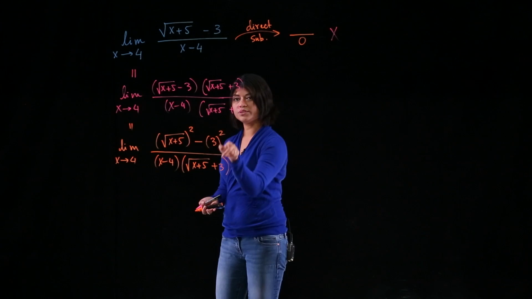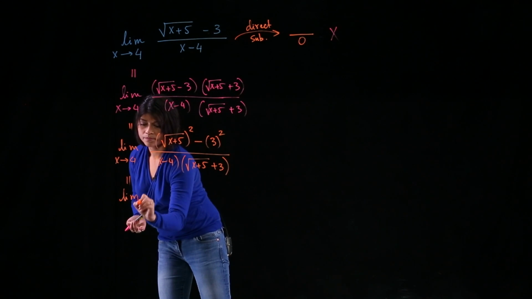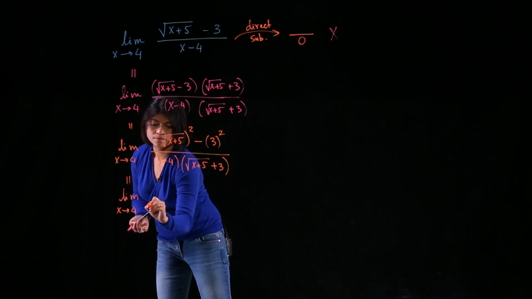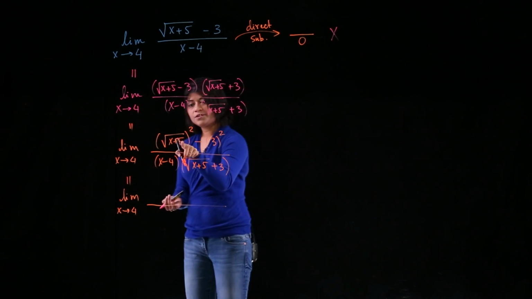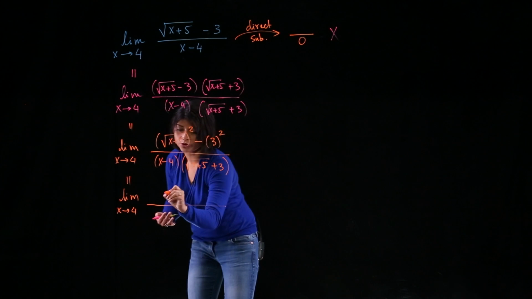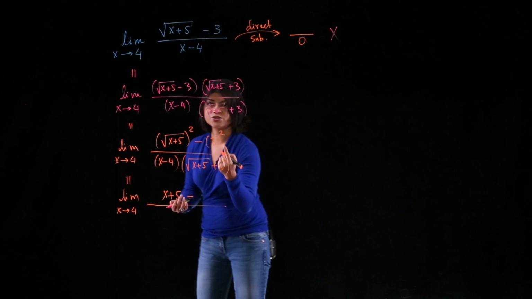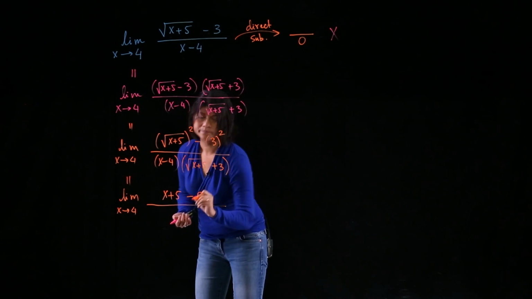Okay, let's see what we can do with the numerator. We can simplify that further. The first term is a square root squared, so we don't have a square root anymore. It'll be just x plus 5. And minus 3 squared is 9.